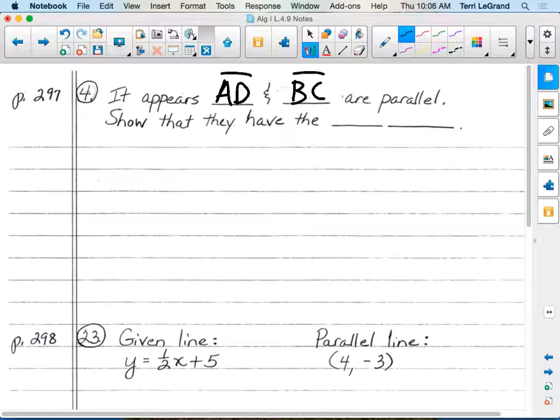They have to have the same slope, different y-intercepts. Well, first of all, are they going to have different y-intercepts? They have to, don't they? Because there's no way these two are going to cross at the same point. So if we can just prove they have the same slope, we're going to be certain that they're not going to cross at the same place, because they're on different places on the graph, right? So show that they have the same slope. That's the only thing we have to prove here.